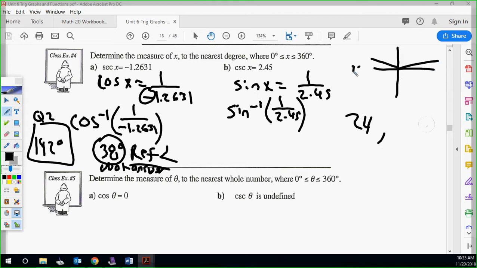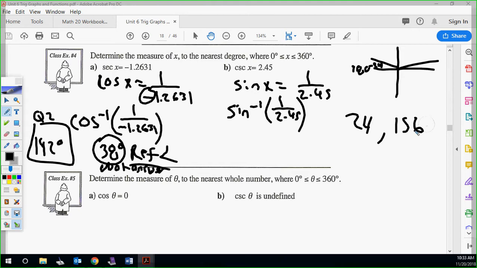So what do? 180 minus 24, right? 180 minus 24, 156. 156 is your other solution. So this is what I'm talking about, that mental math stuff, guys. Find your positive, negative. You're going to be going from 180 and 360 and 90 and 270 a lot. So that mental math should get kind of decent. 24 degrees and 156.